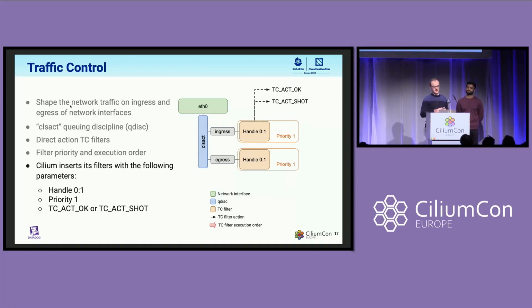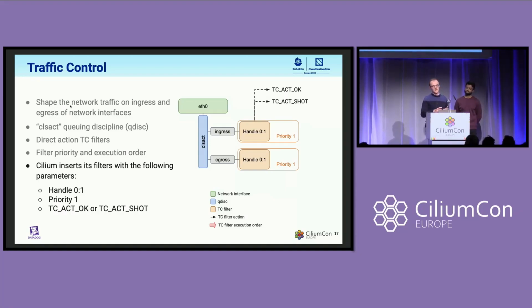The point here is because of this, and also because Cilium hardcodes the handle and the priority to 1. Also, side note, this is expected. Cilium owns the network data path, so it was expected for them to use a priority level and a handle that is high enough so that they know they are going to be the first one to be called while the packet comes to an interface.